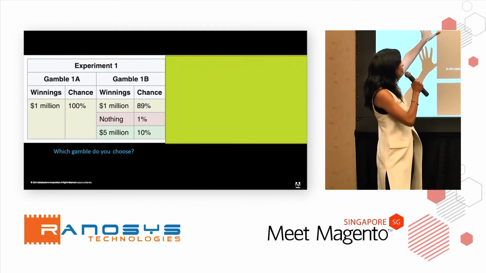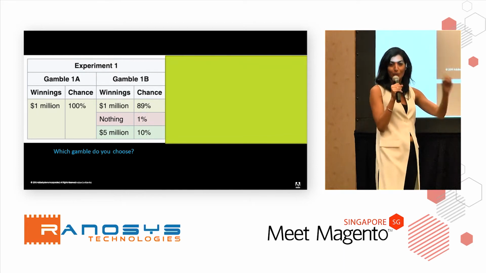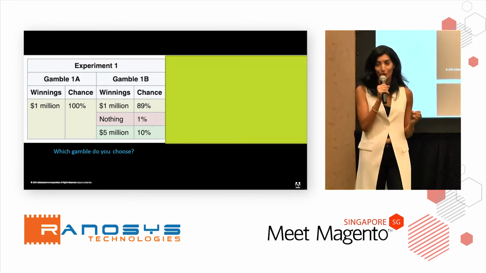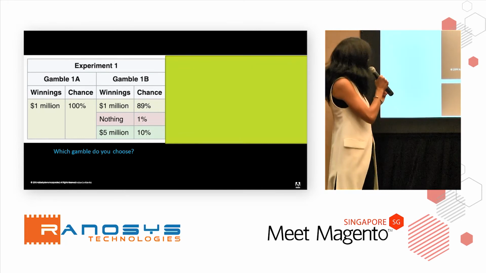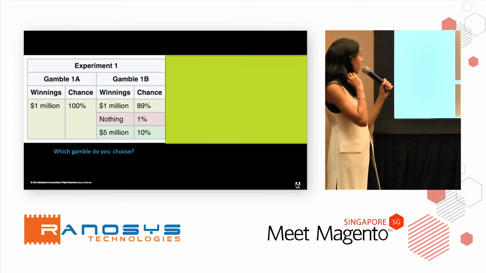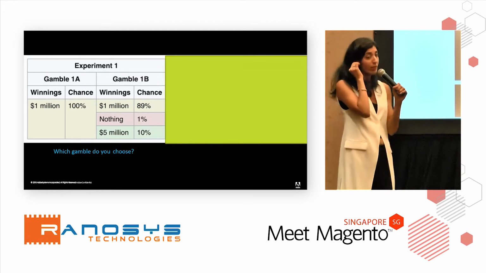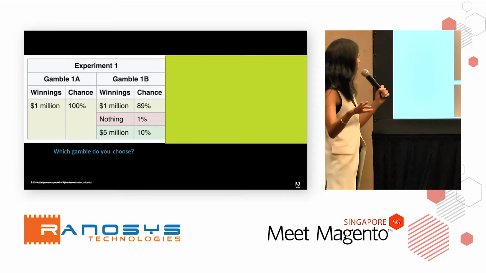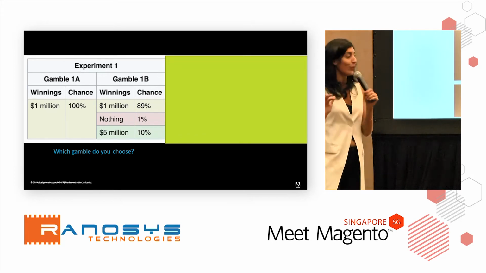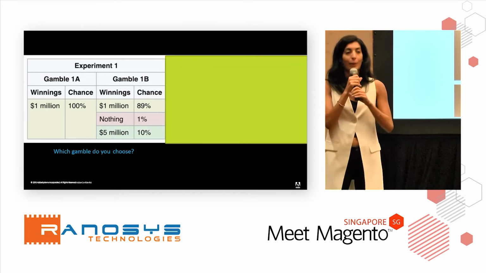In gambling strategy A, you have a 100% chance of winning $1 million. In gambling strategy B, you have 89% chance of winning $1 million, 1% chance of winning nothing, and 10% chance of winning $5 million.